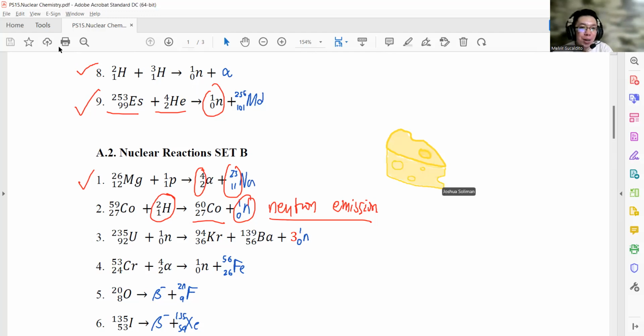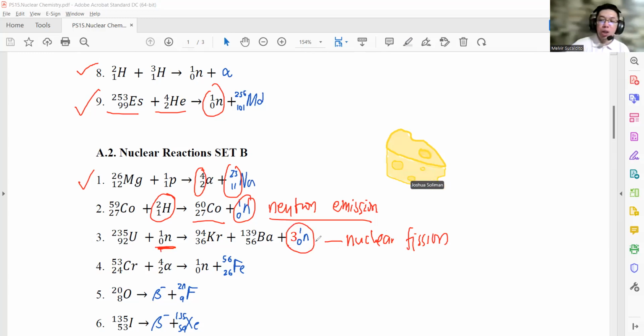Ito ay process ng fission. Correct. So, this is nuclear fission. Automatic, alam natin, for every neutron na binombard, you form 3 neutrons. 3 neutrons yung mabubuo mo. So, this is also correct.